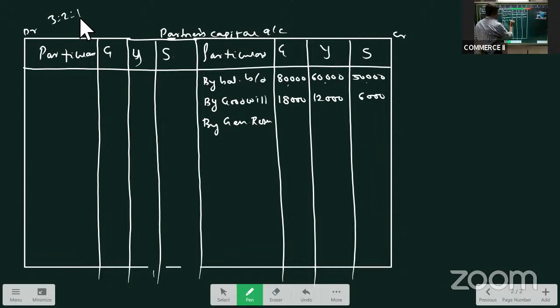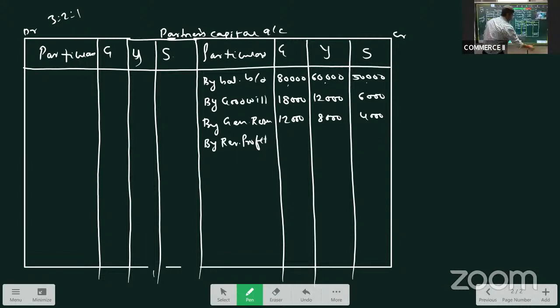So 3 by 6, it will be 12,000. 2 by 6, it would be 8,000 and then 4,000. So 24,000 into 3 by 6, 24,000 into 2 by 6, 24,000 into 1 by 6. Then lastly, we have to take the revaluation profit.